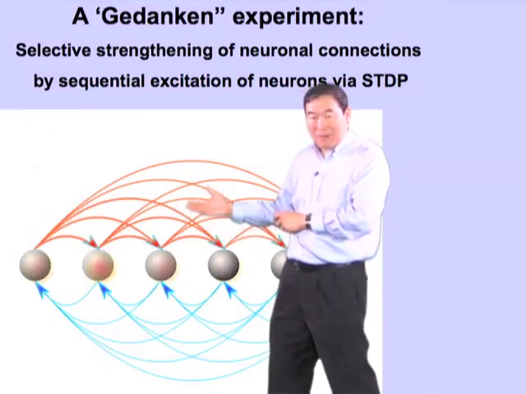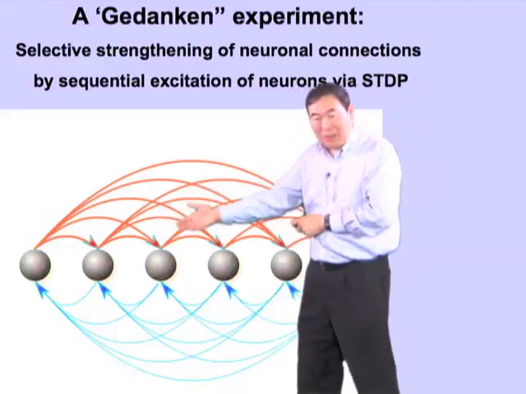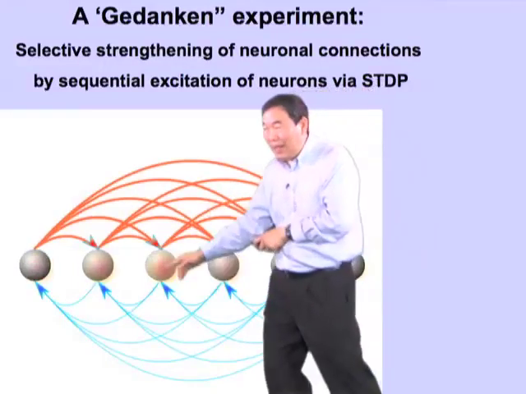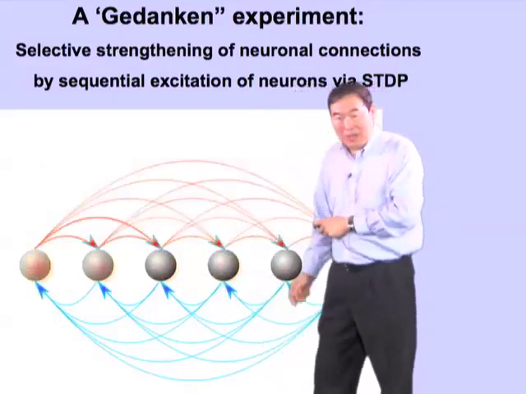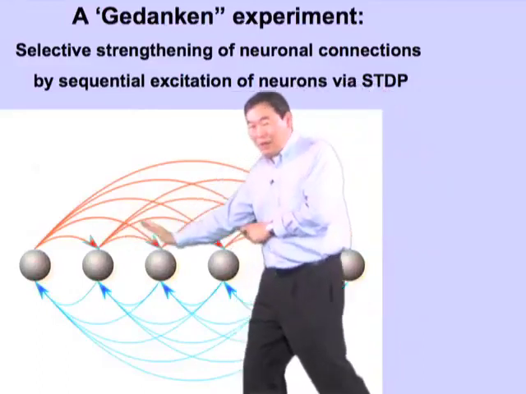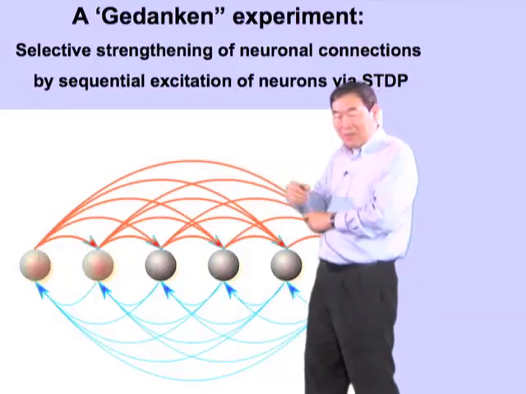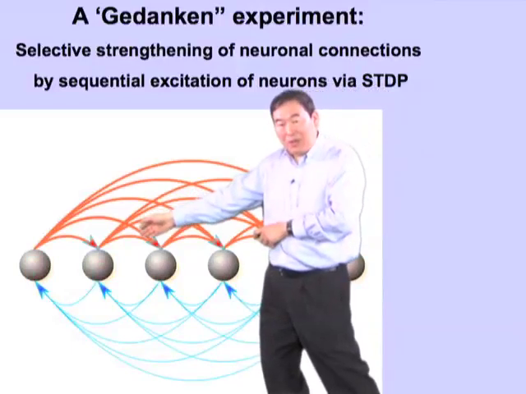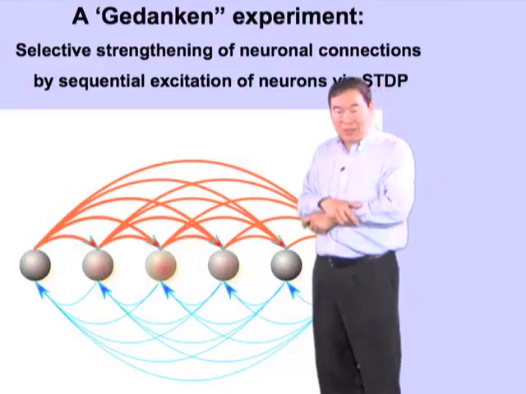And by the same token, the connections from the right cell to the left cells are weakened because of the reversed timing. So the result of a sequential excitation of cortical neurons by, say, light stimulation will be strengthened horizontal connections between cortical neurons in a particular direction.